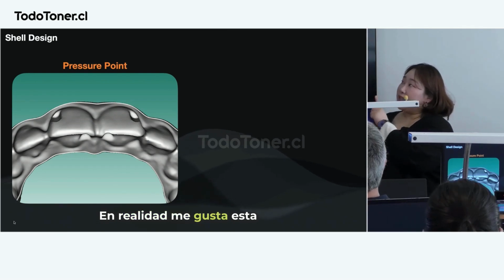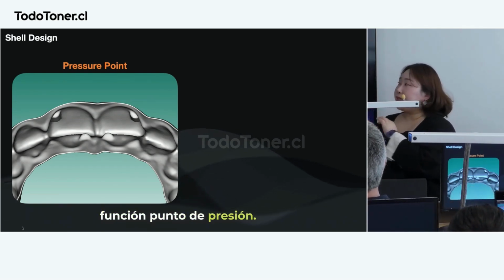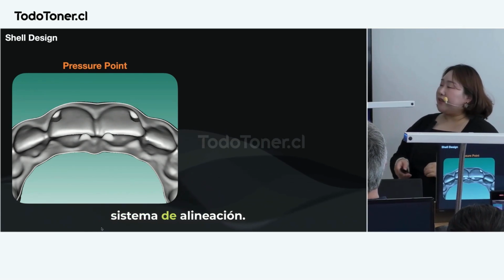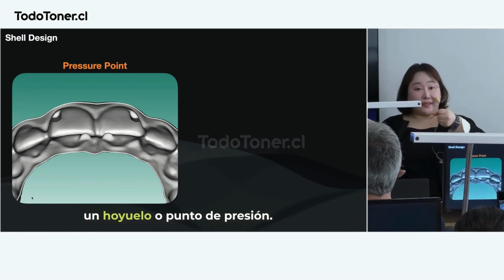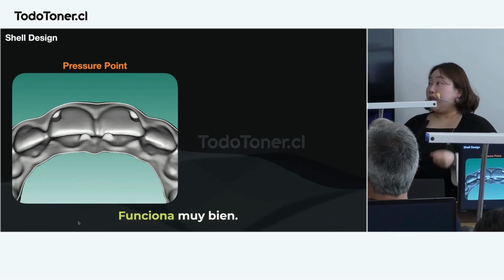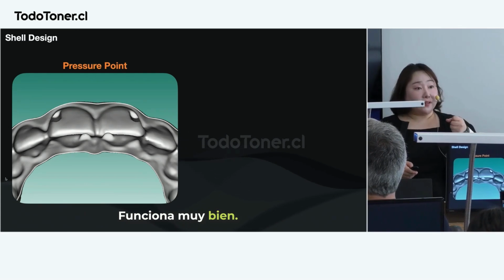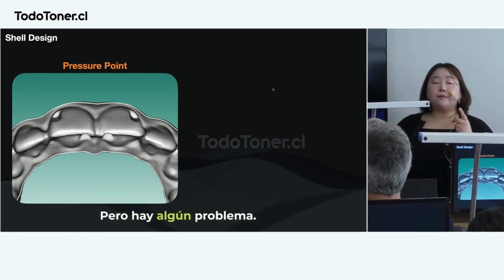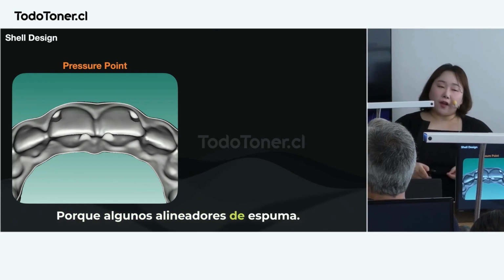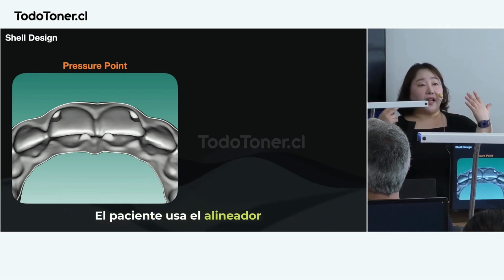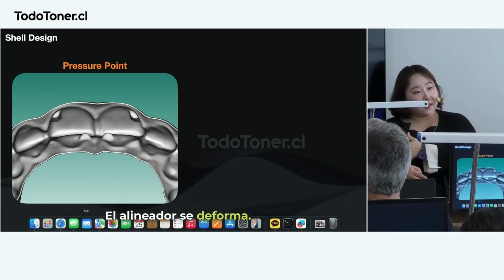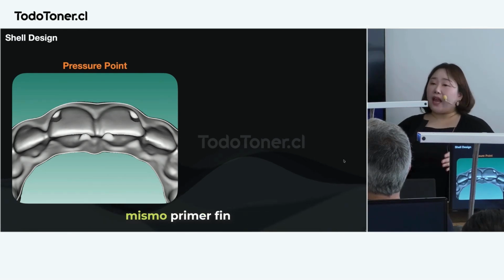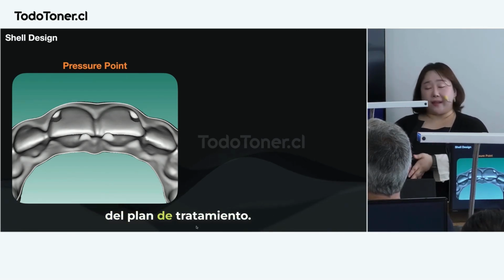Actually, I like this function, pressure point. In a thermoforming aligner system, we usually use pliers to make a dimple or pressure point. It works very well. But there is a problem, because with a thermoforming aligner, every time the patient wears and removes the aligner, the aligner deforms. So we cannot deliver the same force as the first treatment plan.